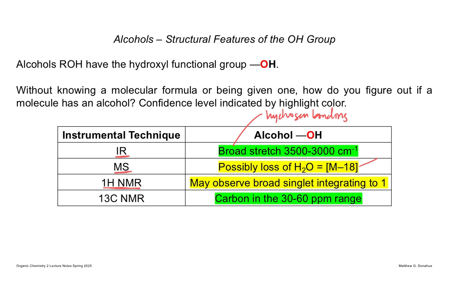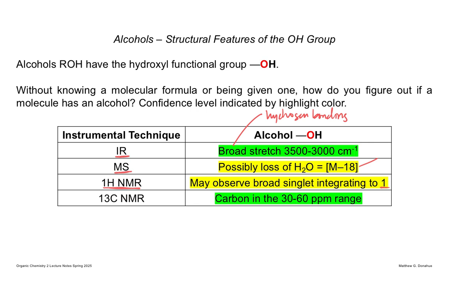Proton NMR again is in yellow. You might see a singlet that corresponds to that H of the hydroxyl group that would integrate to 1. But the issue with NMR is that protons bonded to heteroatoms tend to exchange.